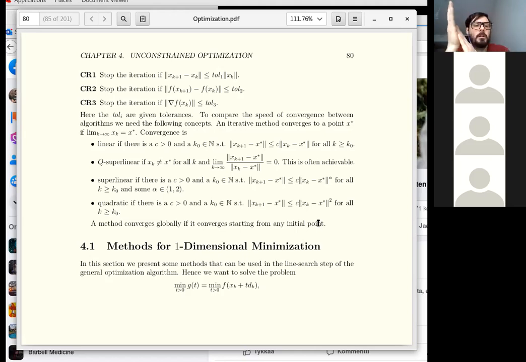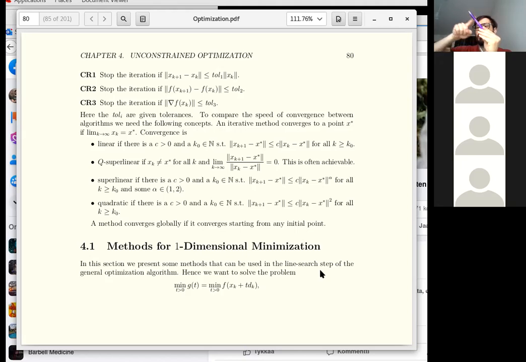Next week, we will be starting to talk about methods for one-dimensional minimization. So it's simply minimizing a function of one variable. We start from there because this is needed in what is known as the line search. We call it line search because the search direction determines a line, and we're doing a search along it.